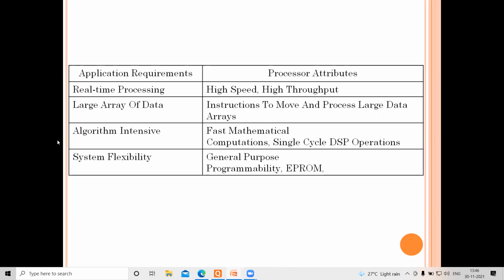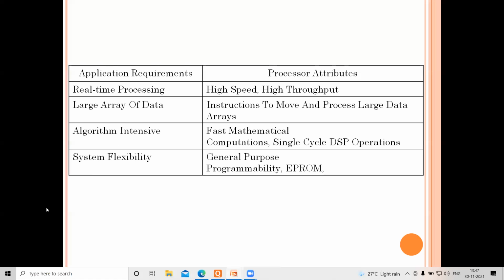Instead of 8-bit, probably a 64-bit or 128-bit processor. Then there can be an application where it's algorithm intensive. In that case you should have faster mathematical computations. Instead of using DFT, you'll use FFT. Instead of using FIR, probably use IIR. All these single cycle DSP operations should be there. System flexibility, right?